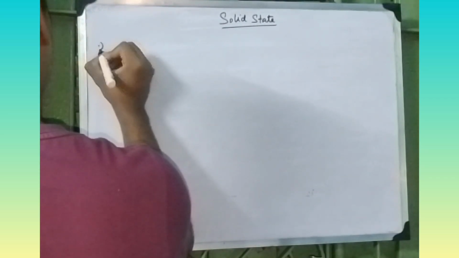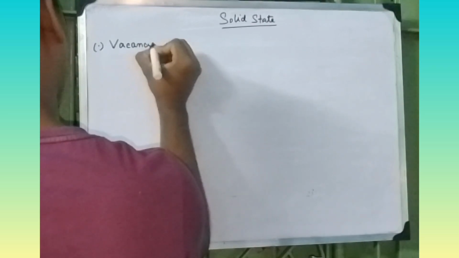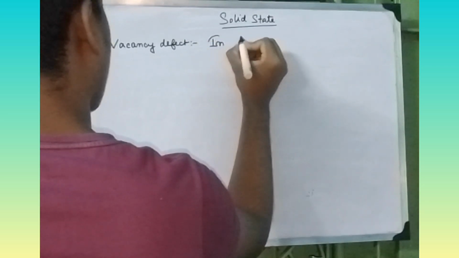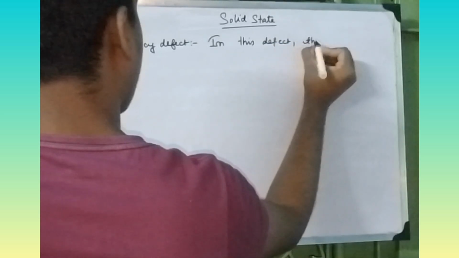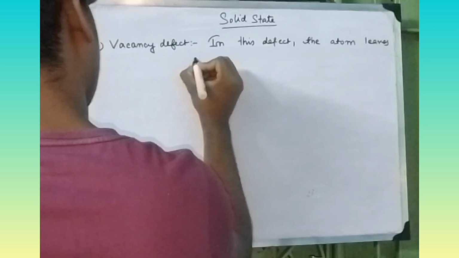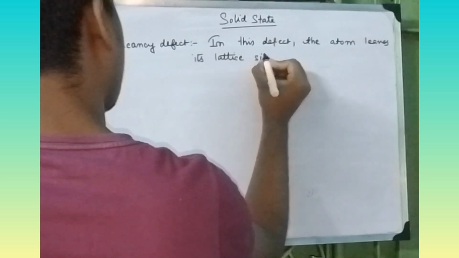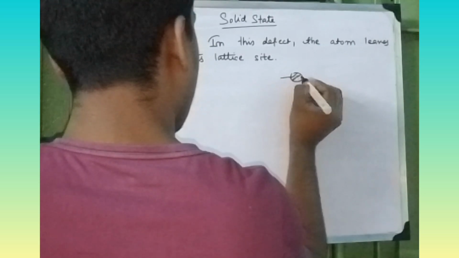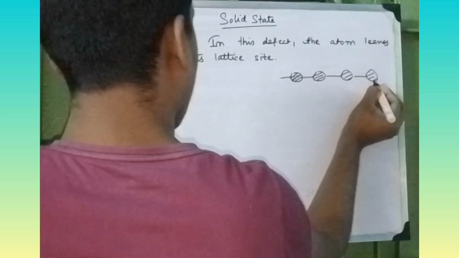Now we will learn in detail about vacancy defect. Basically, in this defect, the atom or the ion leaves its lattice site to create this defect. With the help of a diagram, I will show how this defect is formed.